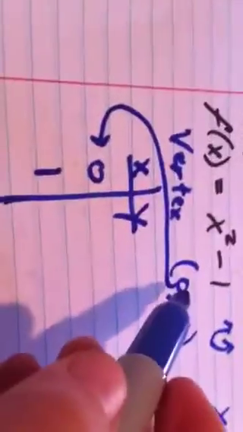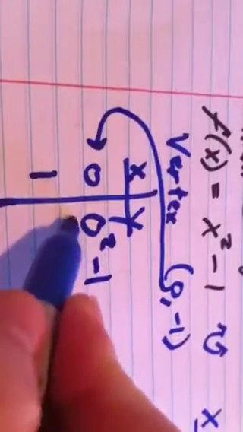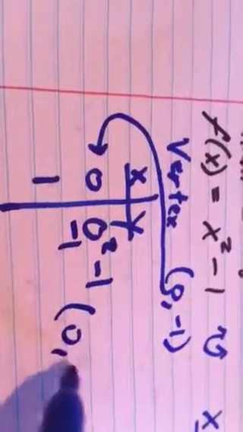So when we start our xy table, we're just going to put in this 0 first, and then maybe a 1 and a 2. So if I put in 0, I get 0 squared minus 1. That's -1, so I'll have the point 0, -1.